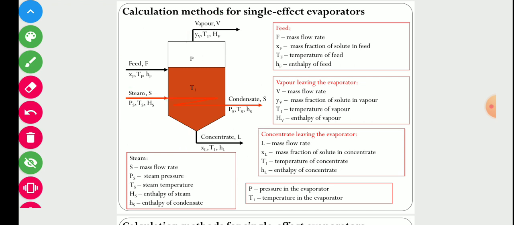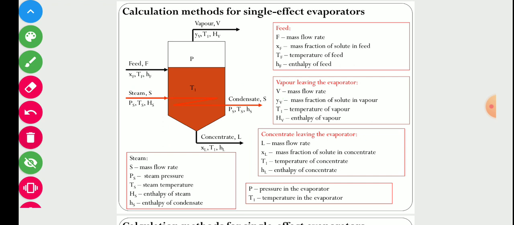So if you observe here, this TS is the same for both steam and condensate, because condensation is a phase change process in which the vapor phase converts into the liquid phase. This phase change process takes place at constant temperature.